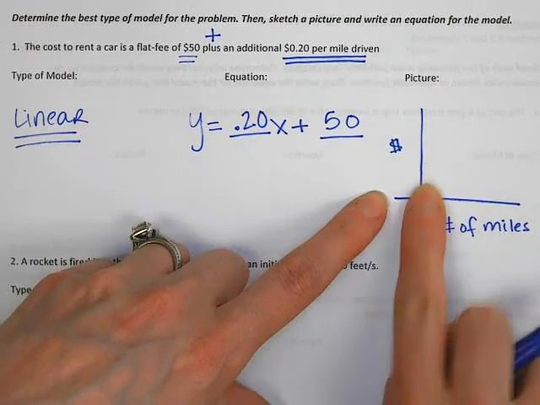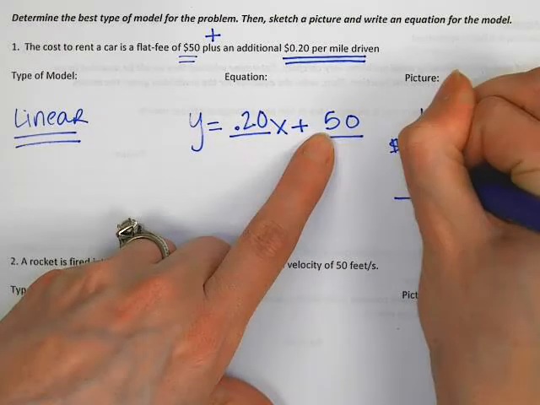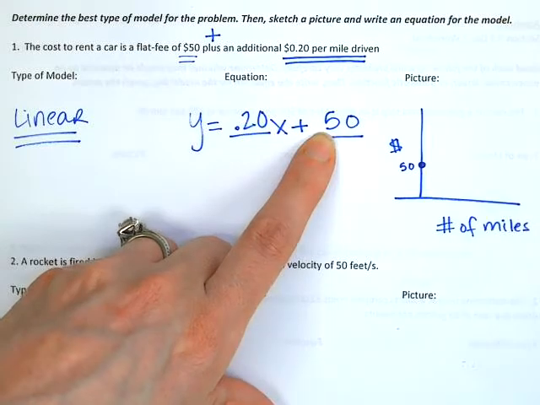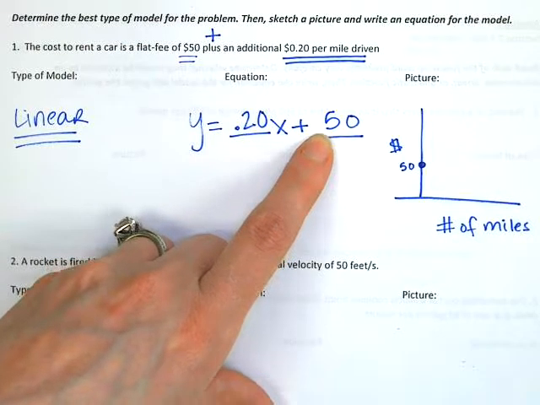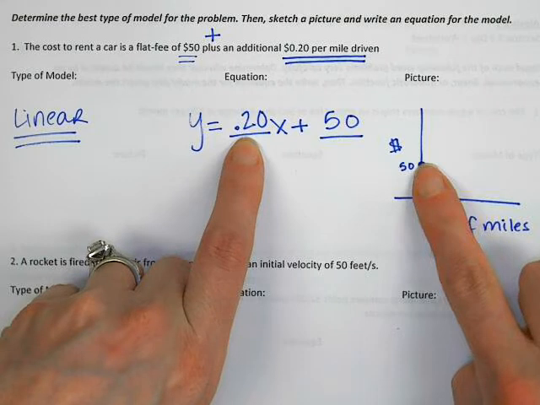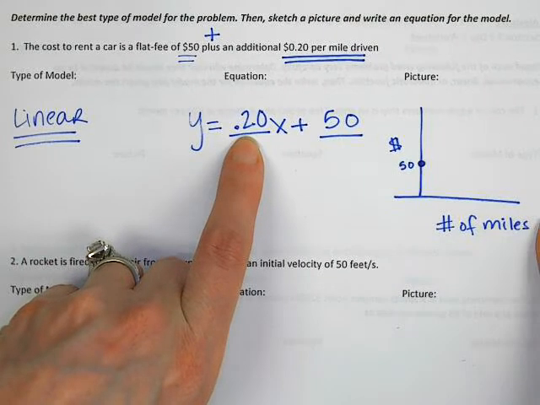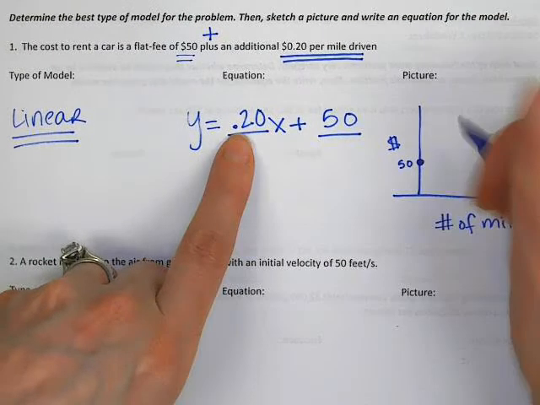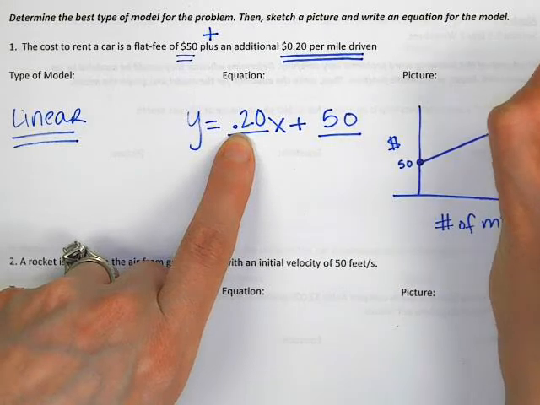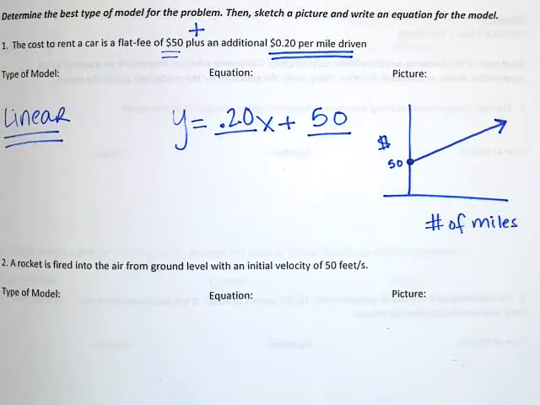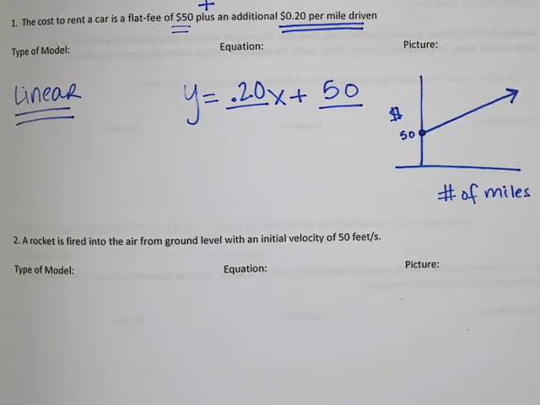We're going to start this graph at 50, so you make a dot at 50. Then you just have to show whether the line is increasing or decreasing. Because the slope is positive, the line will be increasing. That's what you would need for a linear graph.